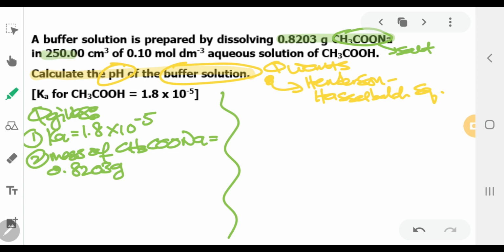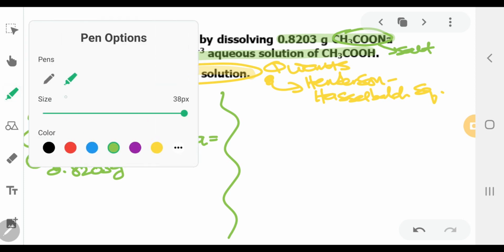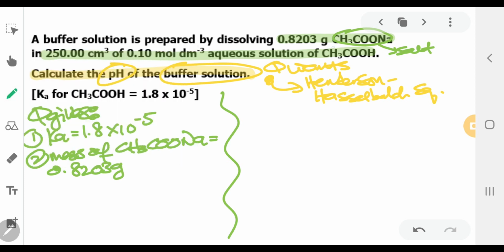But before we do that, let's find any other information given. Given to you are the volume and the molarity of the aqueous solution of your weak acid. So that is your weak acid.